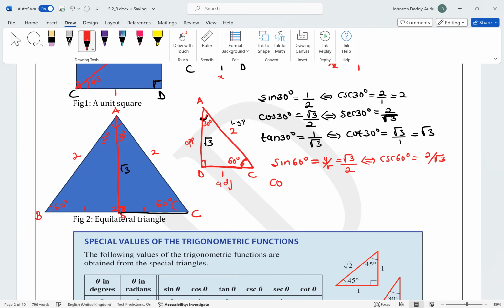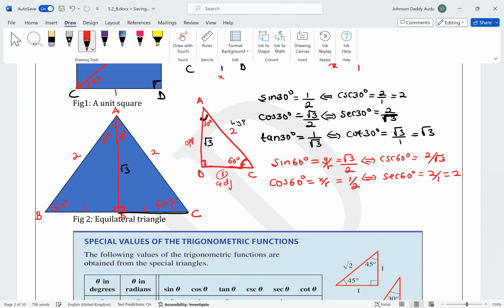Then cosine 60 degree is just going to be x over r, which is adjacent over hypotenuse. And if this is 60, the adjacent is this one, which is 1 over hypotenuse, which has not changed, where the right angle is facing. So it's 1 over 2. And this means that sec 60 degree is what? Is 2 over 1, which is 2.